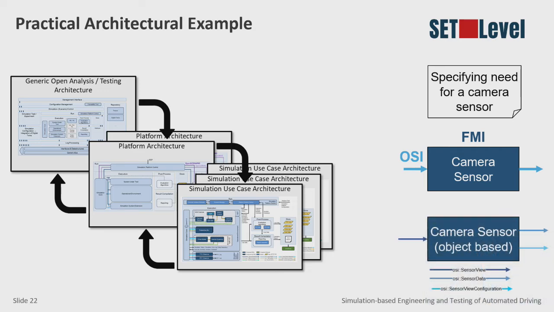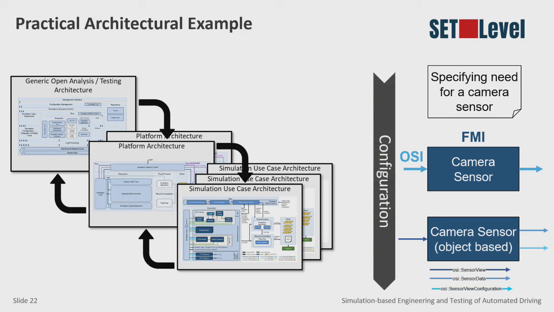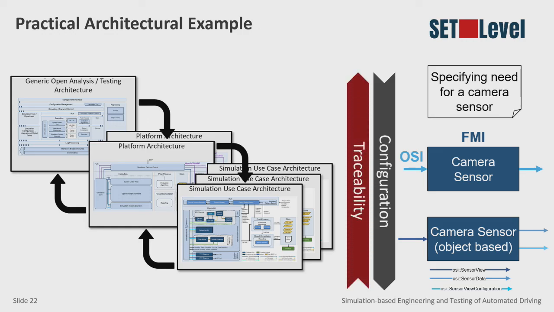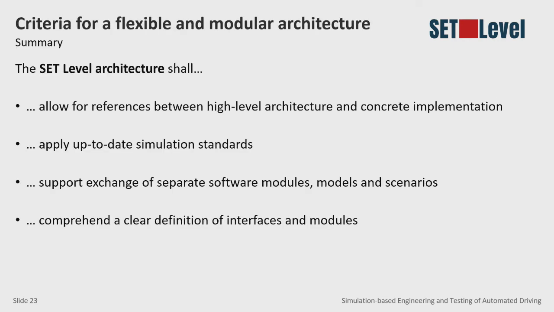And then on the concrete level, you would define the exact inputs and outputs, pick a specific model, and define all the details you need. So by that, you can have a stepwise configuration, and the other way around, a very good traceability between what you implement in the end and what you specified at the beginning.